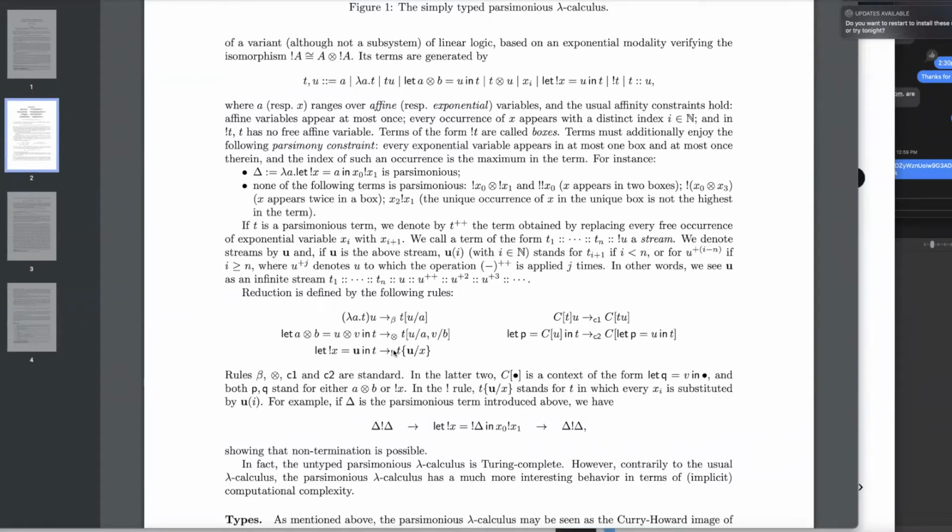So I'll give a game plan. Next, Casper, what we'll do is we'll look at how to encode lambda calculus into rho calculus. And if time permitting, we'll look at how the parsimonious lambda calculus goes into rho calculus.